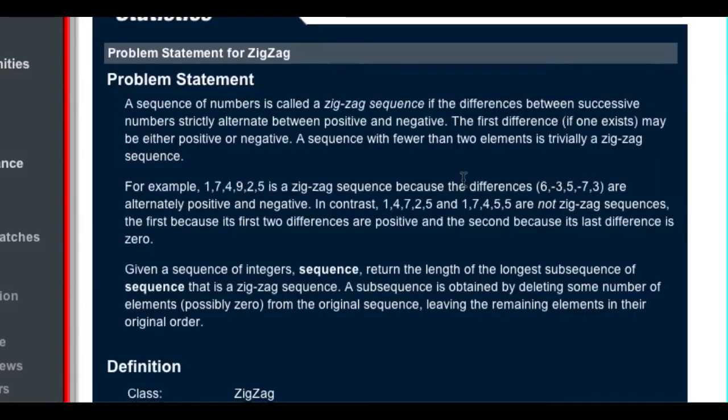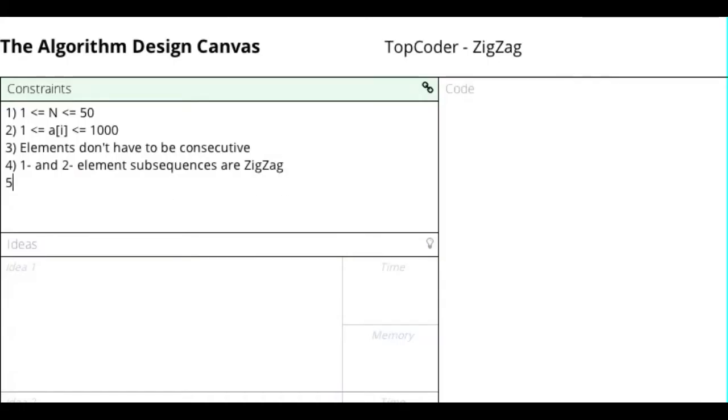And then this here, a subsequence is obtained by deleting some number of elements, possibly 0, tells us that okay if we don't delete anything, right? So this edge case, we also have it covered.